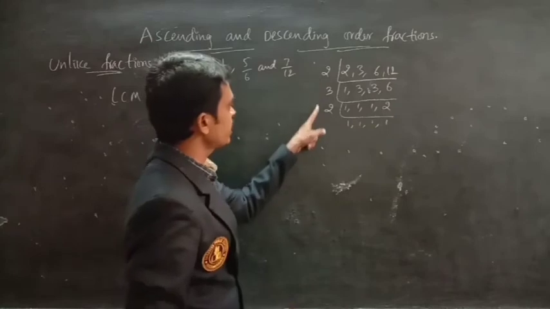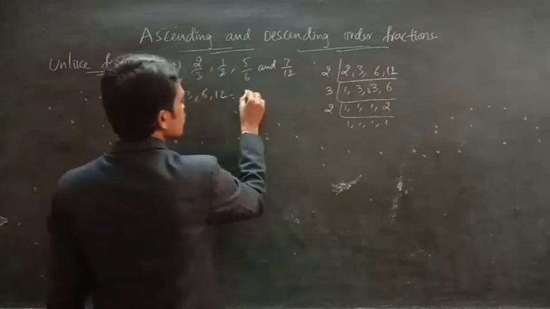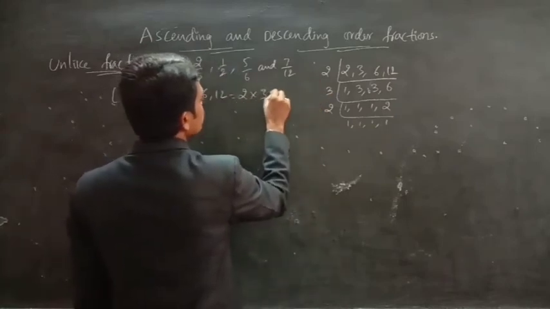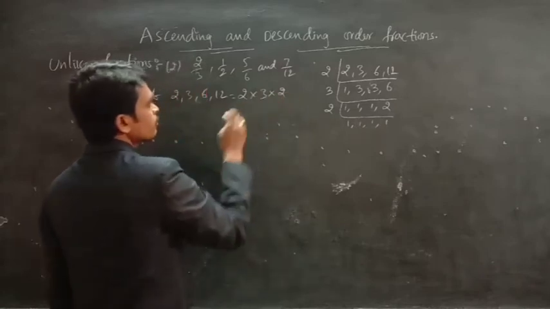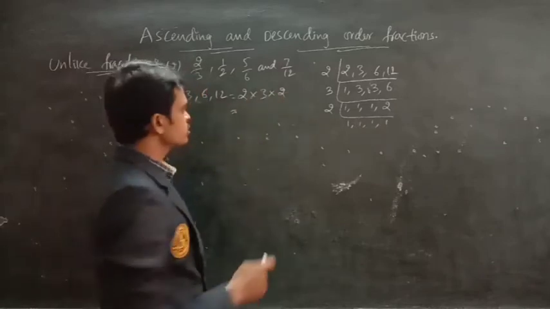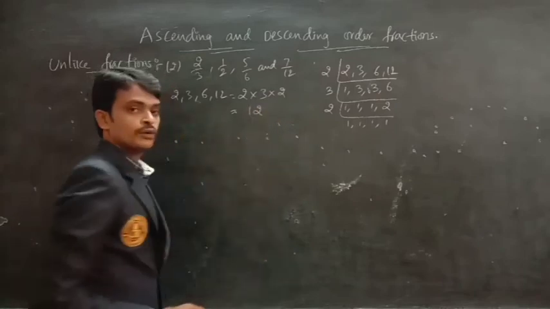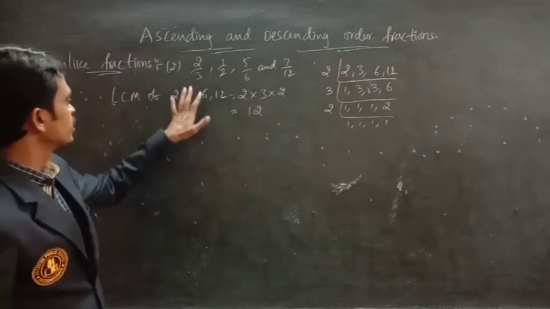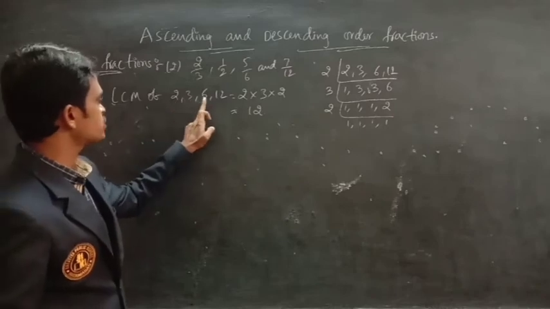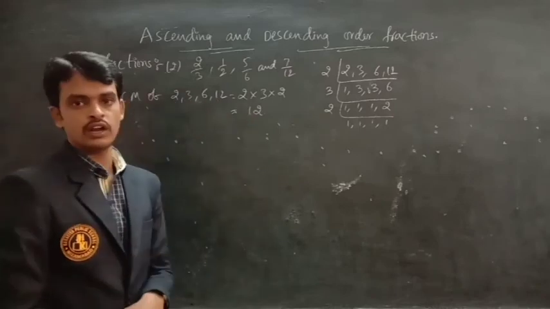So let us multiply these numbers: 2 into 3 into 2. 2 threes are 6, 6 twos are 12. Therefore, the LCM of the denominators 2, 3, 6, 12 is 12.